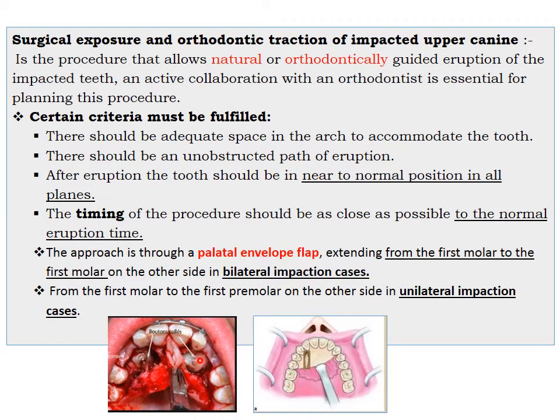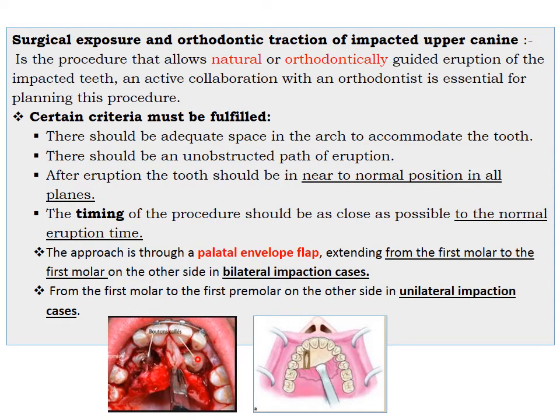Surgical approaches are through a palatal envelope flap, which extends from the first molar to the first molar when there is bilateral exposure, and from the molar to the molar when there is a unilateral impaction.